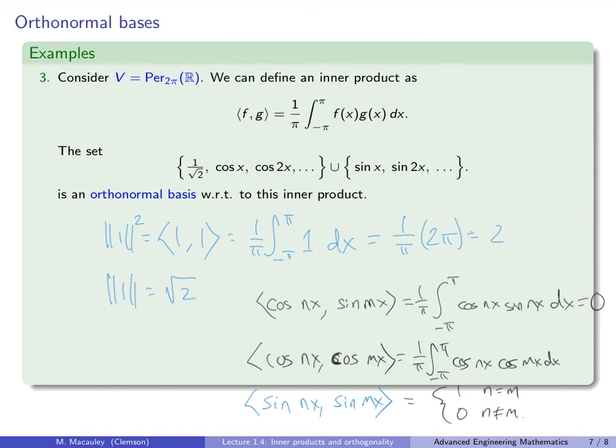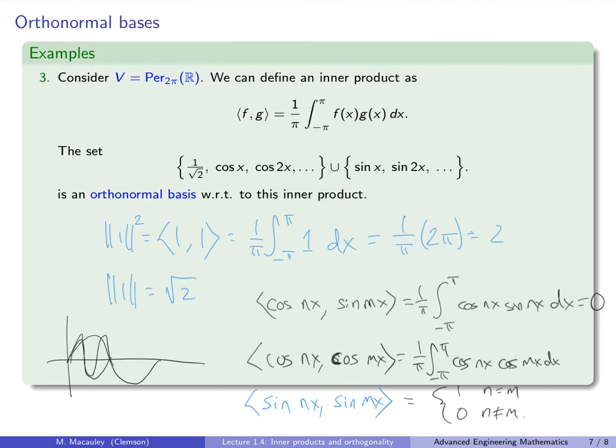But in some ways, this is actually nicer because we know what cosines and sines look like. So these things are really the fundamental frequencies. You think of them as sound waves. So this is sine of x, sine of 2x looks like that, sine of 3x looks like that.